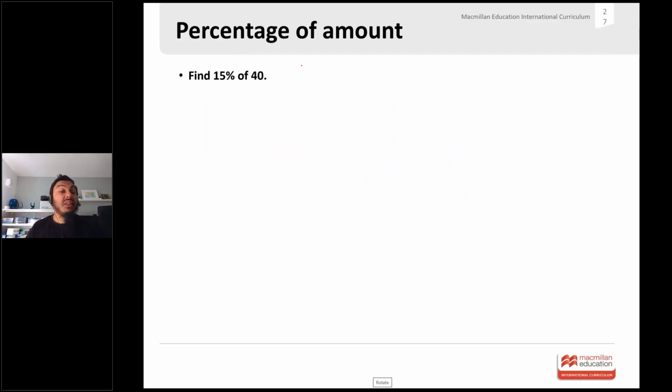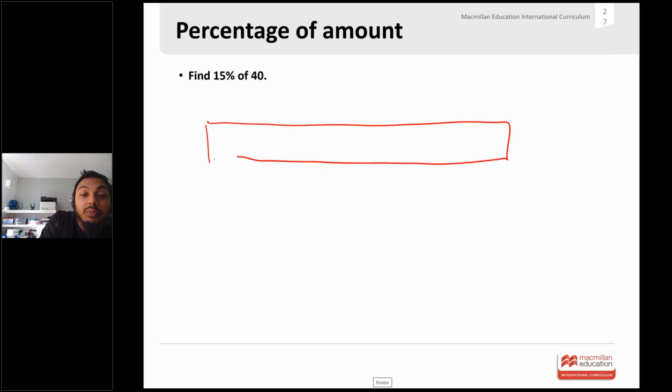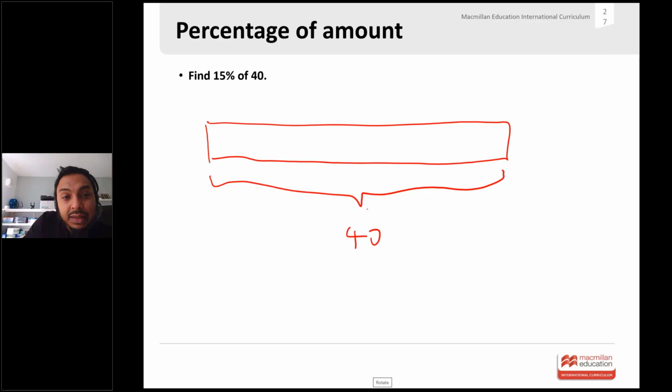But there's a third method as well, okay? So in this question, 15% of 40, for example, we can look at a whole bar and say that's 40. Let's think of 20% first: 20, 40, 60, 80, 100, and 10% would be something like this.